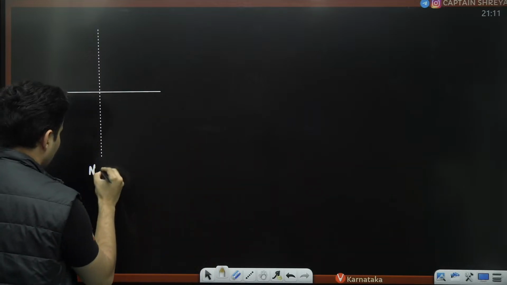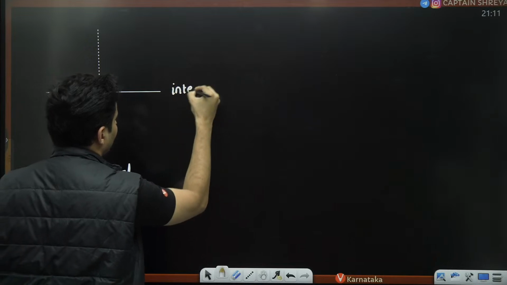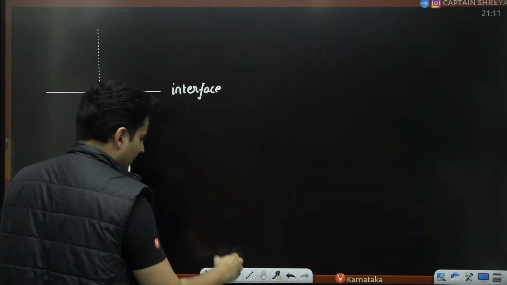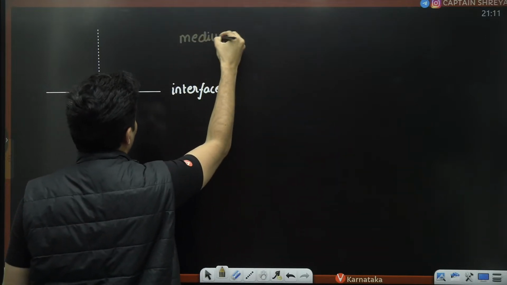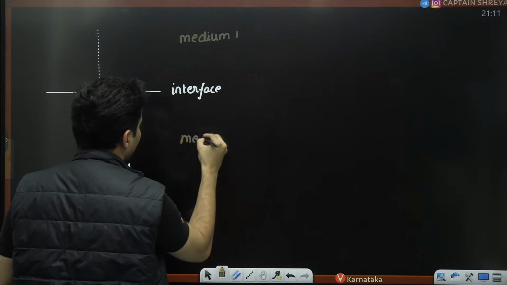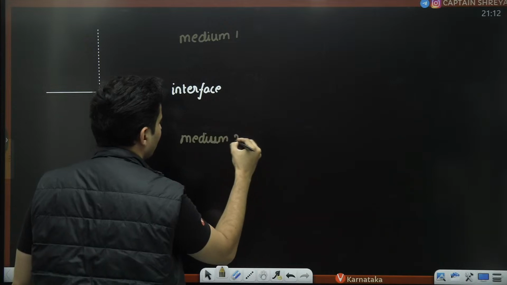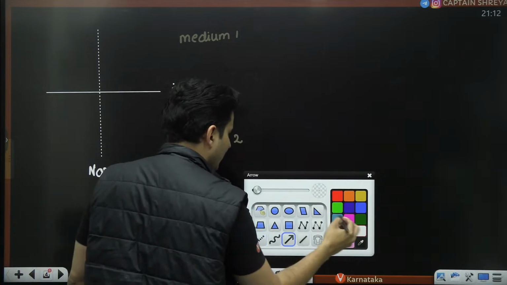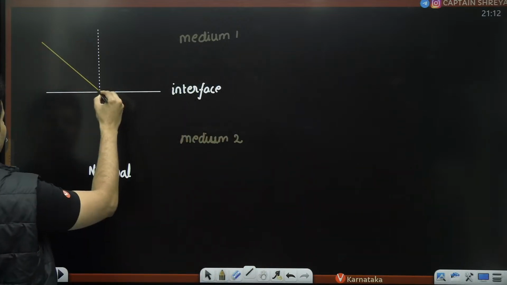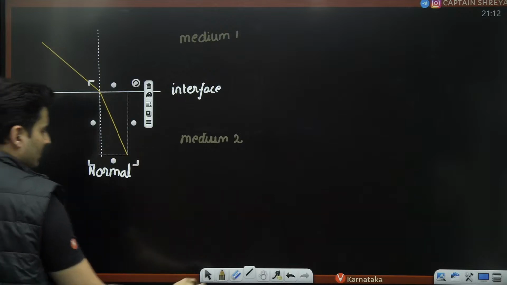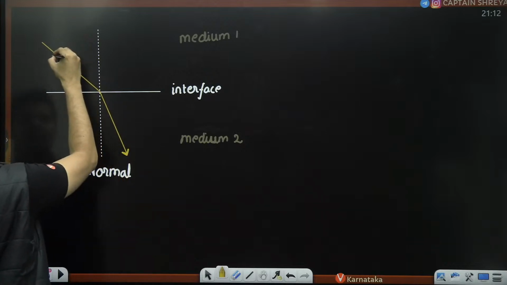So this is the normal, this is the interface, this side is, let's say, medium number 1, this side is some other medium number 2. So what happens is light comes from here, let's say like this, and it bends, let's say like this. Let's say I show some arrow marks like this.